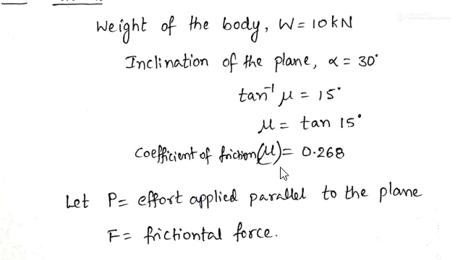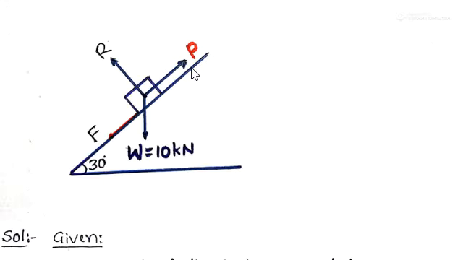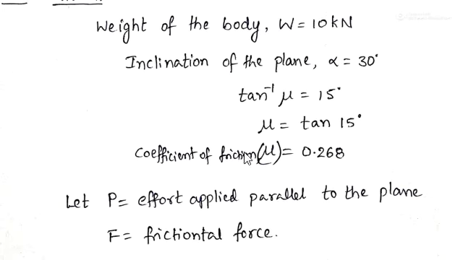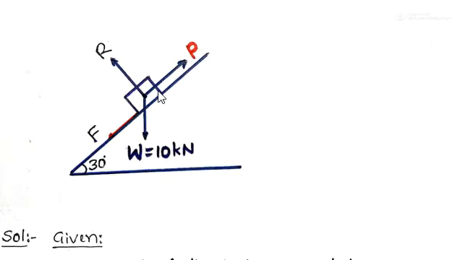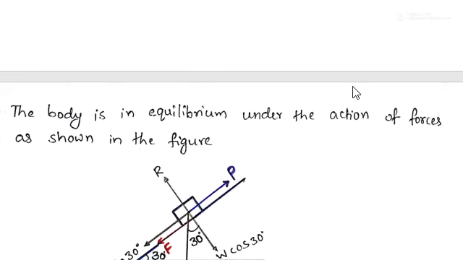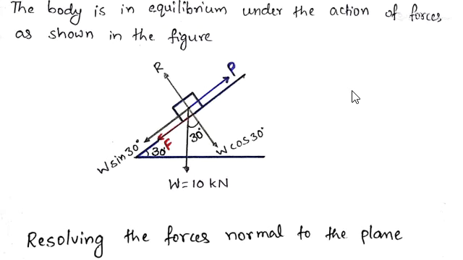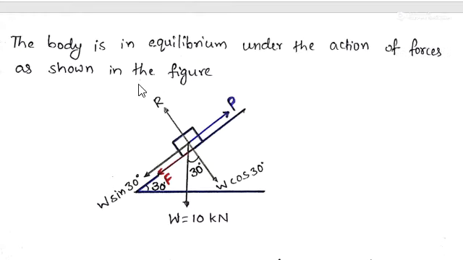And here let P be the effort which is applied parallel to the inclined surface which is required to move the body up the plane, and F is the frictional force acting between the body and this inclined surface. So the given body is in equilibrium under the action of forces.